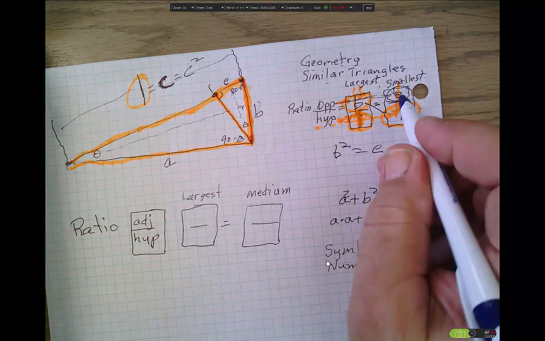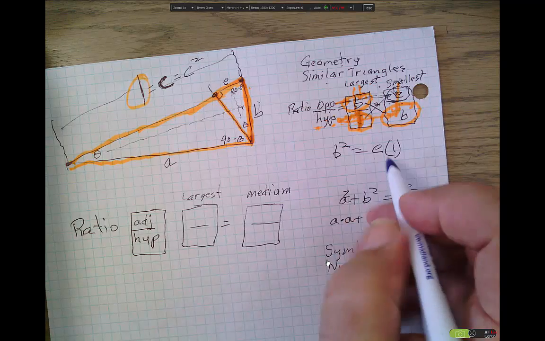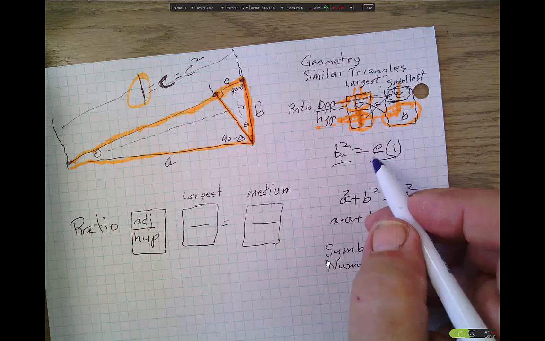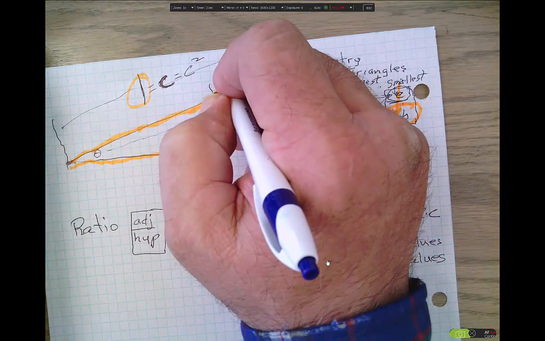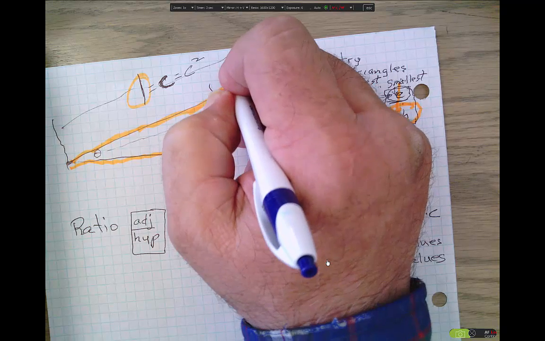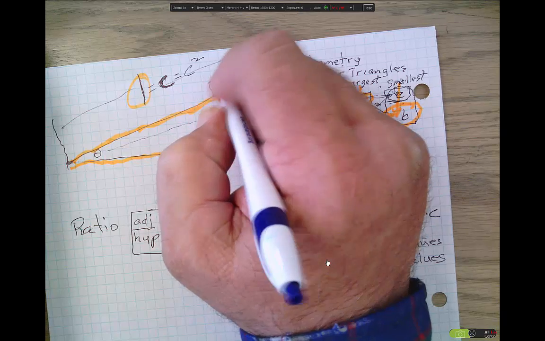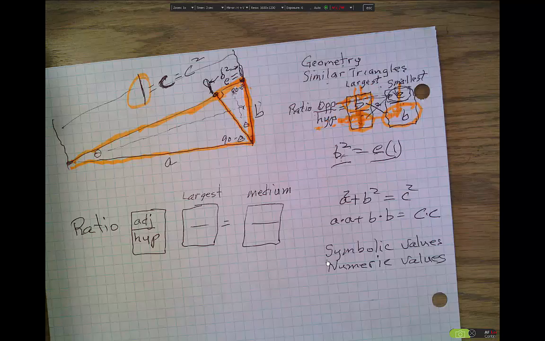So that's equal to E times 1 when we cross multiply. So this being equal to this, I can write either one of these right here. So this symbolism, B squared, represents the length of this line segment. And this is why.